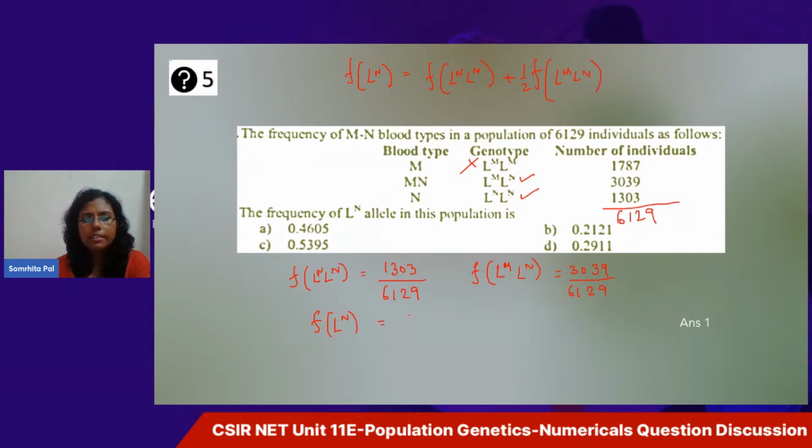This is equal to 1303 divided by 6129 plus half of 3039 by 6129. If you simply reduce this, you will see you're getting the answer as 0.45.